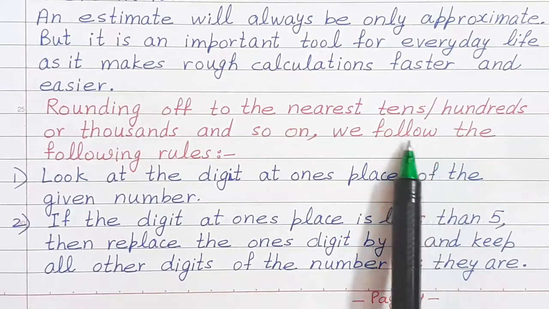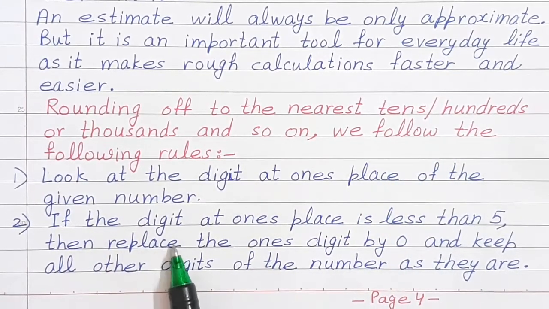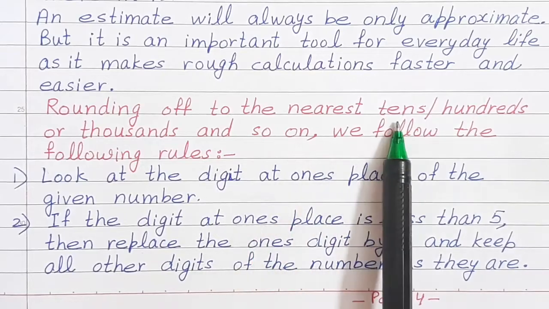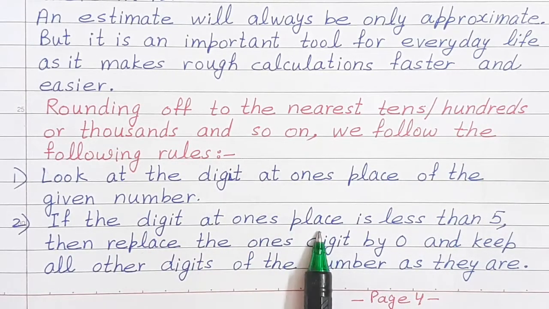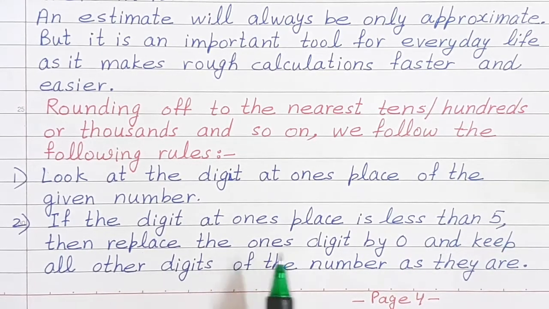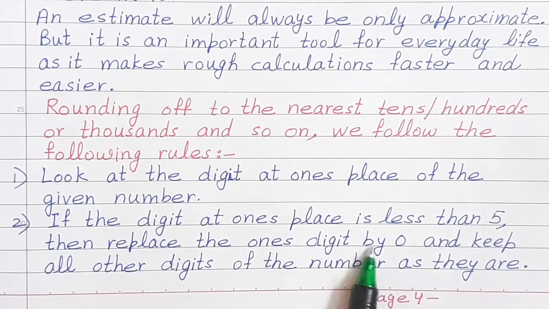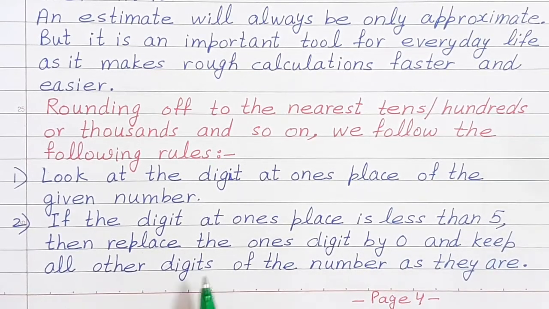We always see the previous digit. Clear? If the digit at ones or tens or hundreds or thousands place is less than 5, then replace the ones digit by 0 and keep all other digits of the number as they are. Clear?